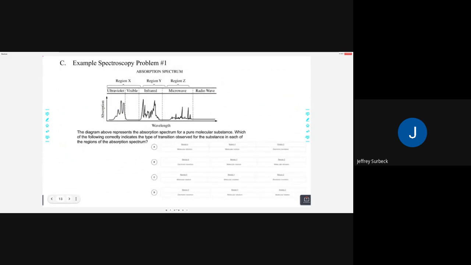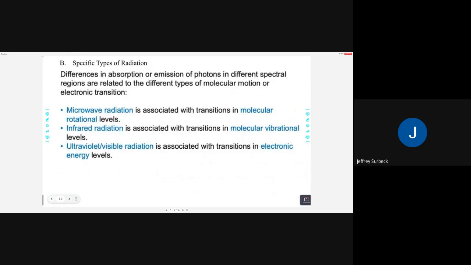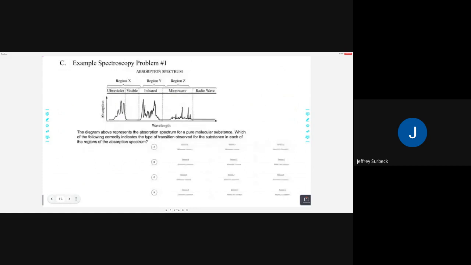So region X, because of that UV radiation, you have the spike there, you'd have that electronic transition. I'm pointing at D because it's the right answer. Region Y is that infrared, molecular, and so that's what that chart has you do there. And then your region Z would be microwave radiation. Okay. Questions?